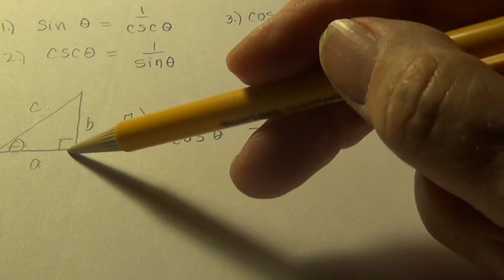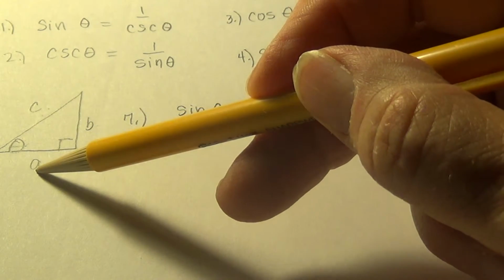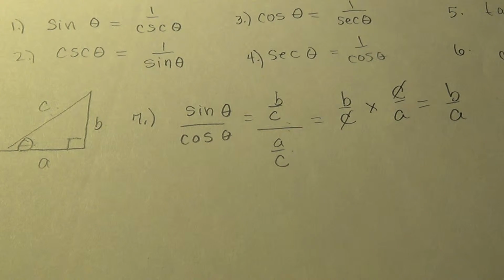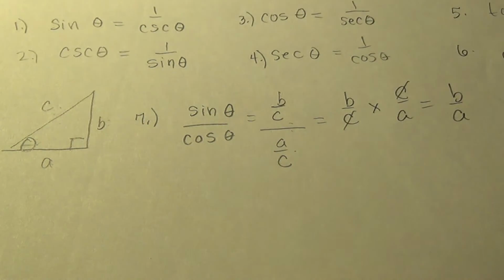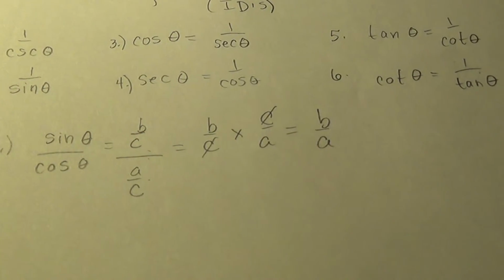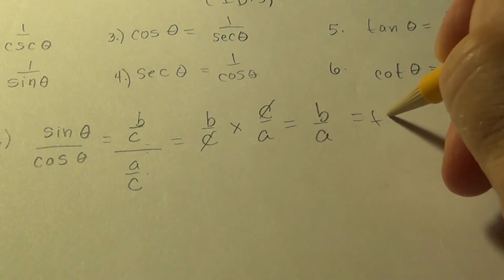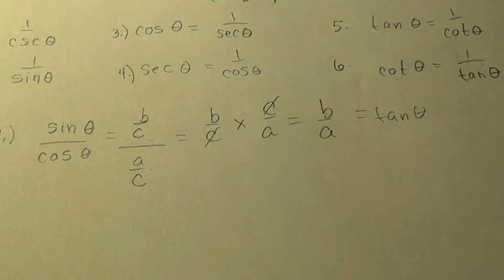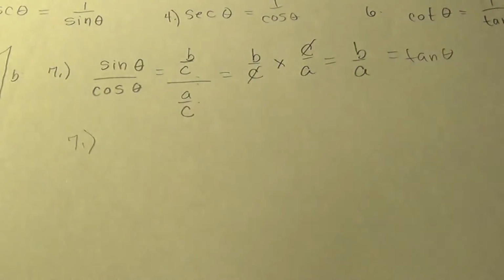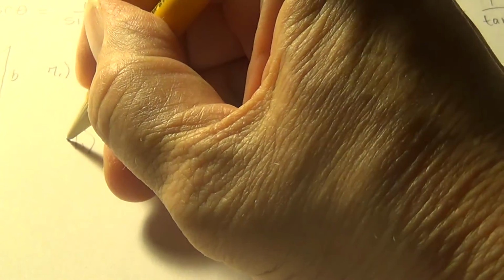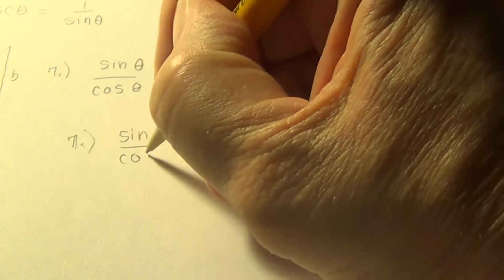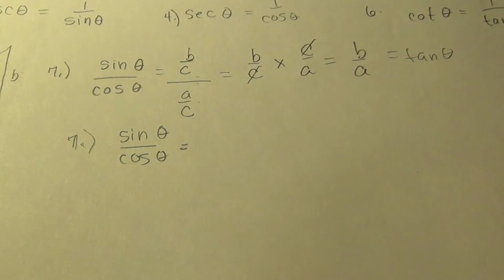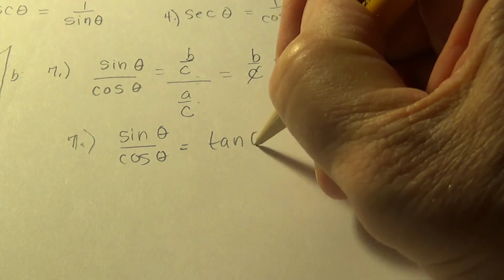But in this triangle, B over A is what trig function? Opposite over adjacent, and that is tangent. So the whole thing boils down to number 7, in a condensed form: sine theta divided by cosine theta equals the tangent of theta.